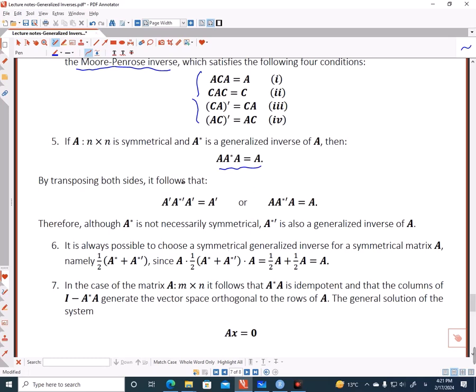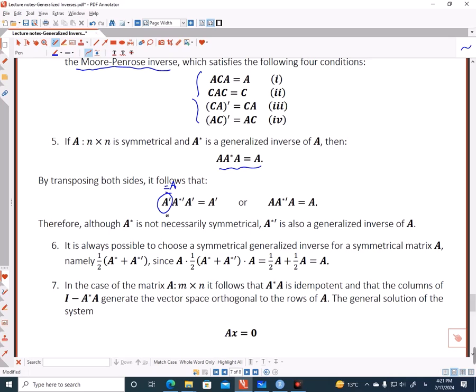Since A is a symmetrical matrix, instead of A transpose I can write A here. The transpose is denoted by this hash here.